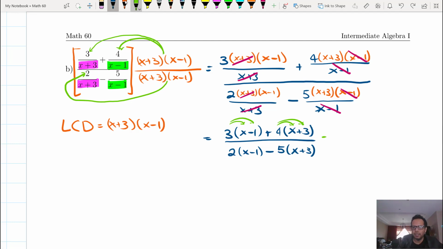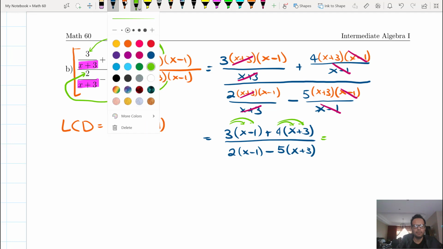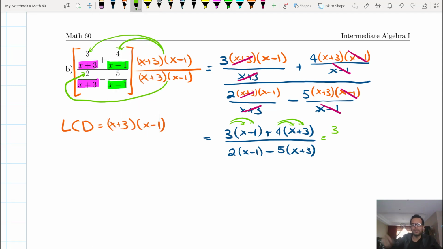For the numerator, we're going to have the quantity 3 times x, which is 3x. 3 times negative 1, which is negative 3, plus 4 times x, which is 4x, plus 4 times 3, which is 12. Divide that by the quantity 2 times x, 2 times negative 1.